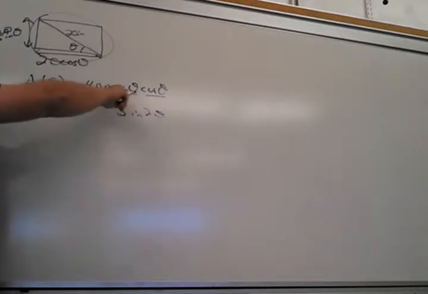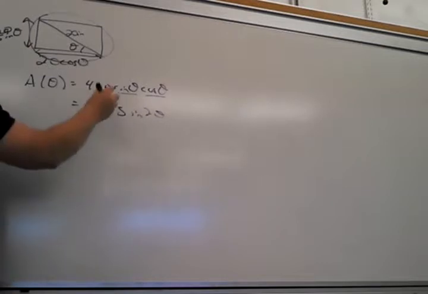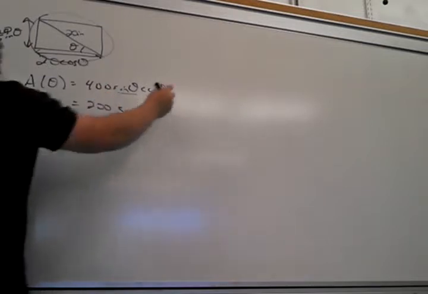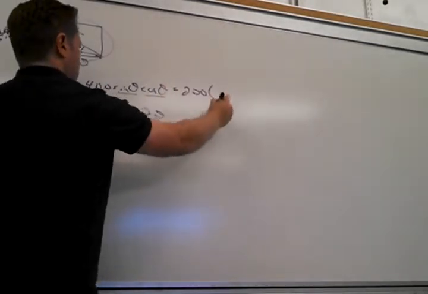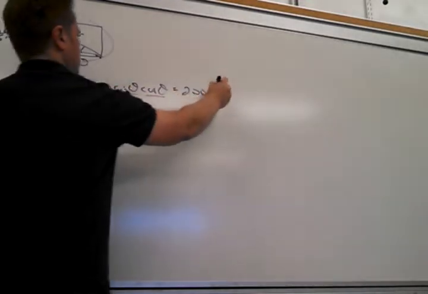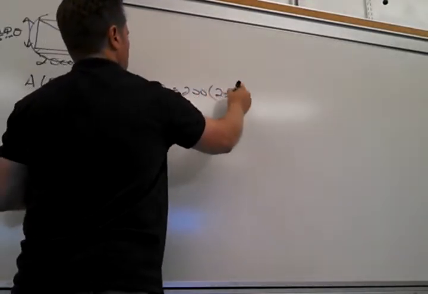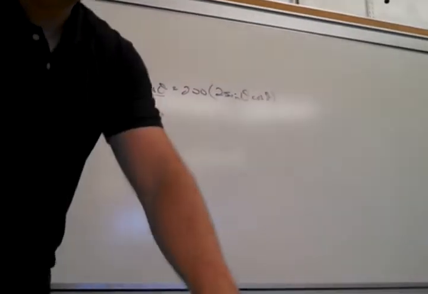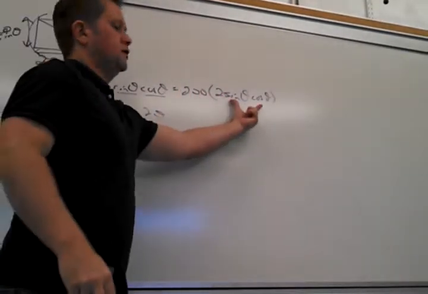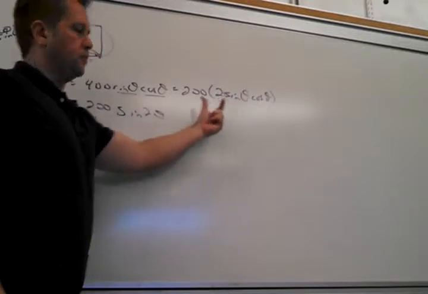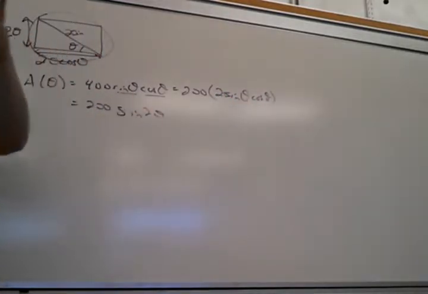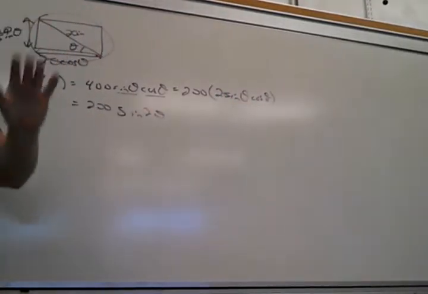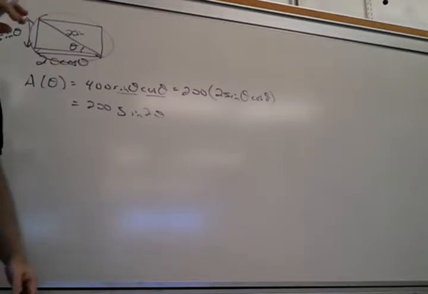So what's really here? 200. So another way to write this is 200 times 2 sine theta cosine theta, and that's sine 2 theta. Pop, and that's how you get there. So they gave you that piece in the answer. Nowhere near the last problem, just a little bit faster to get there.